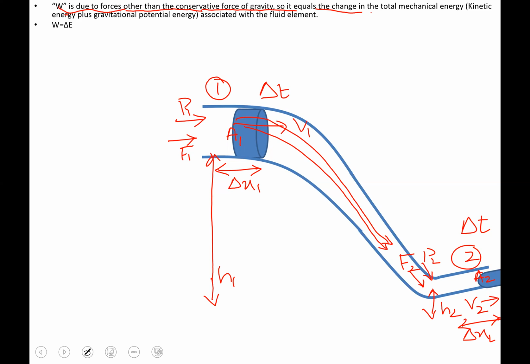It equals the change in the total mechanical energy, that is kinetic energy plus gravitational potential energy associated with the fluid elements. We can write it as W equals delta K, the kinetic energy, plus delta U, the potential energy. That means the work done is equal to the change in energies in that pipe. We call this equation 1.